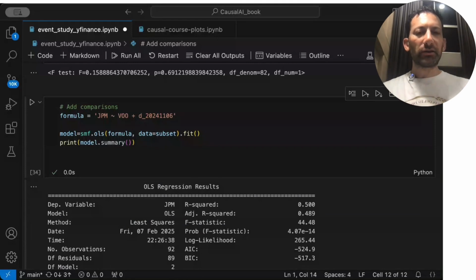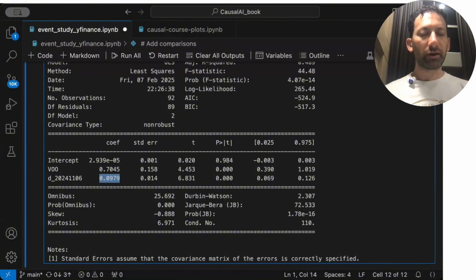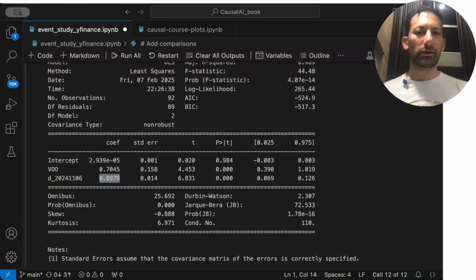Maybe you're interested in just the banking industry as a whole, or you just want to see how JP Morgan did relative to the market, but not necessarily relative to its peers. And so if you run the same regression that we did before, but only control for the S&P 500 index, well, now we're right back to a much larger return of nearly 10% excess returns. And so you have to be really careful that you think about the actual question and the implications of the model that you're actually running.